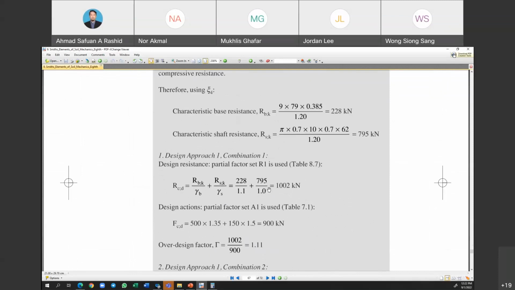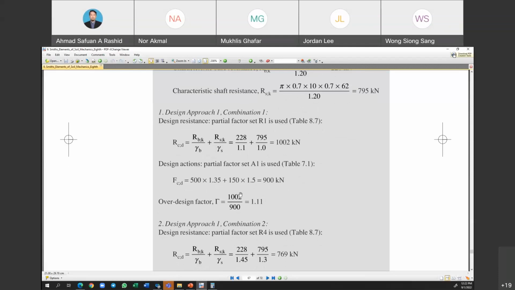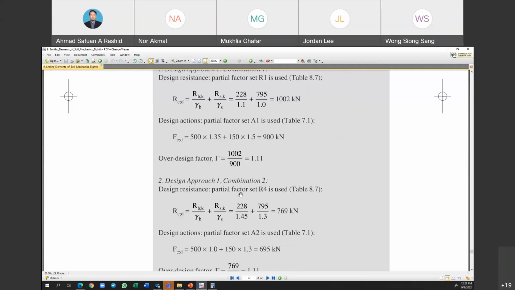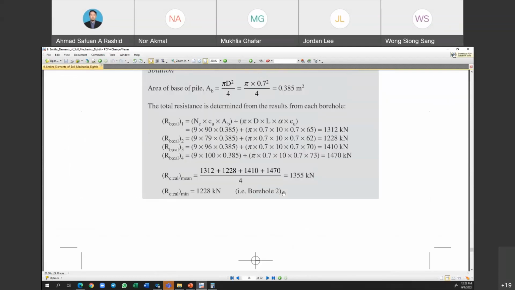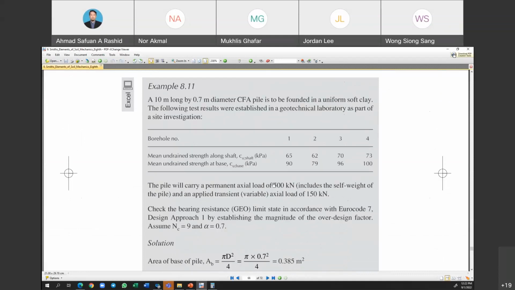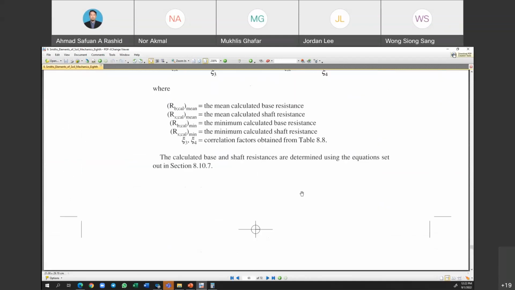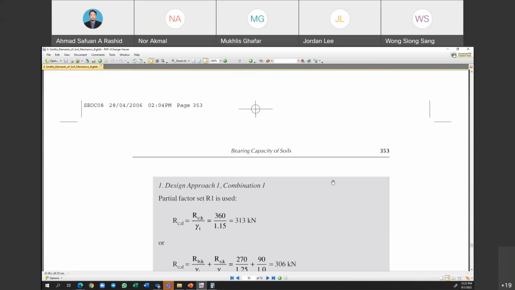So the design approach is similar because this is a bored pile. Sorry, is this a bored pile, or a ribbon pile, or CFA? So CFA pile, so we need to refer to CFA.